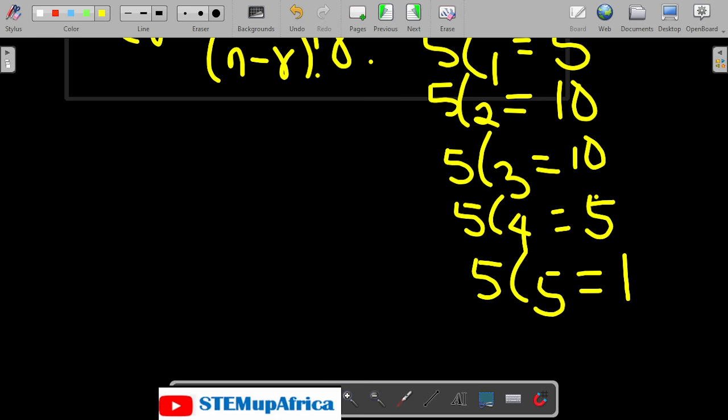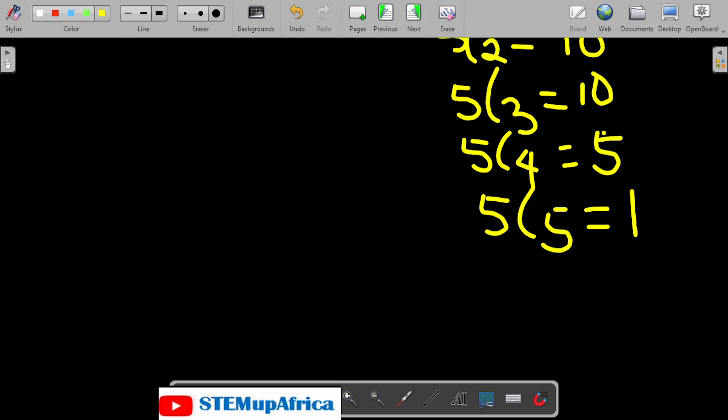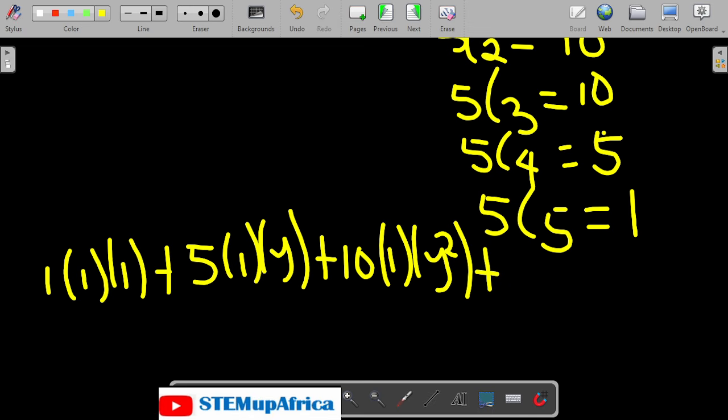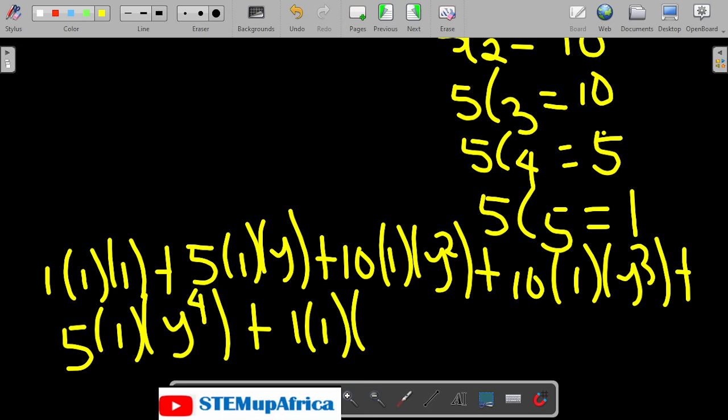So if you substitute into the expansion, what are we having? We're going to have 1 times 1, the second is 5 times 1 y, the third is 10 times 1 y squared, the fourth is 10 times 1 y cubed, plus the fifth is 5 times 1 y to the 4, and the sixth is 1 y to the 5.